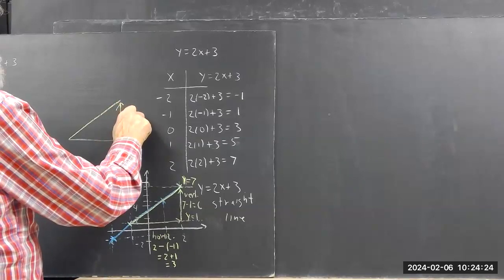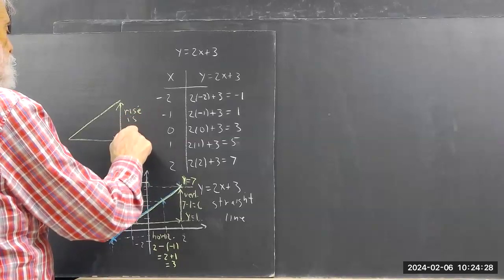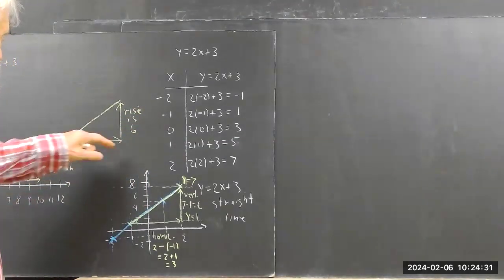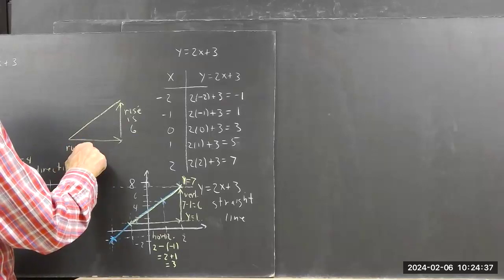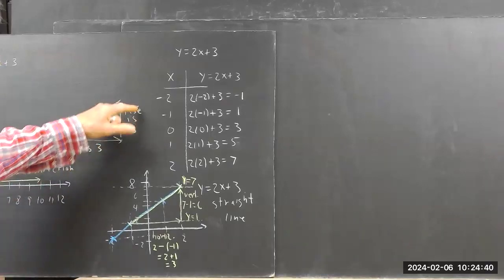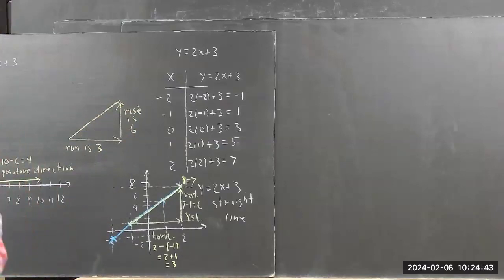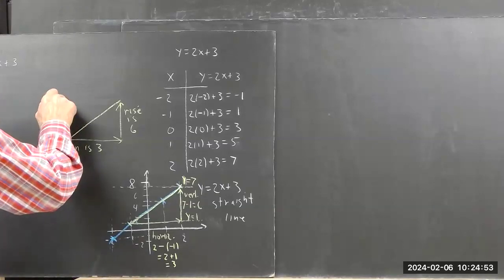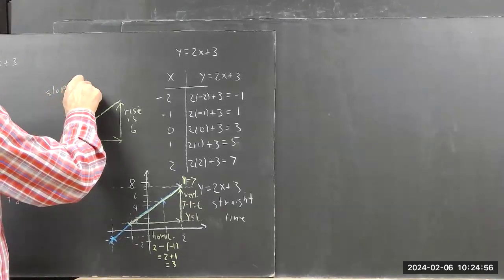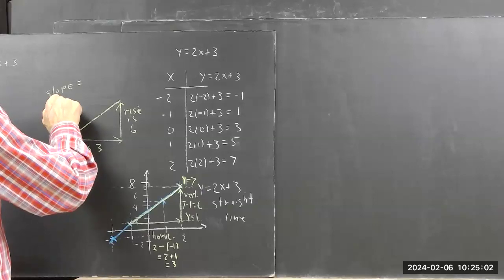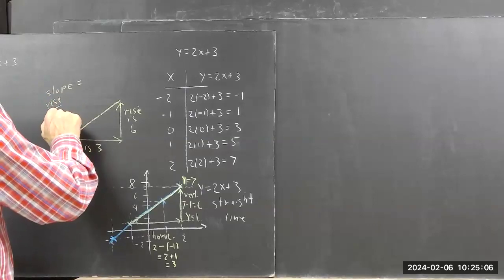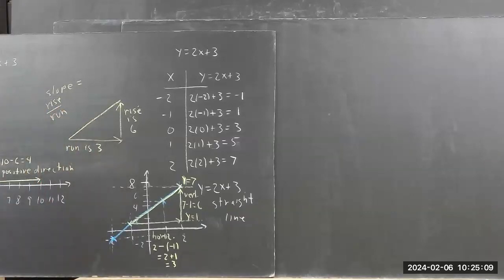We're going to call this arrow the rise. We're going to call this arrow the run. Rise is 6, the run is 3. The slope is the rise divided by the run.